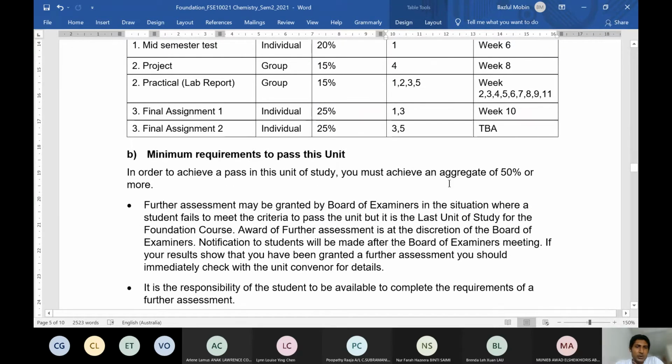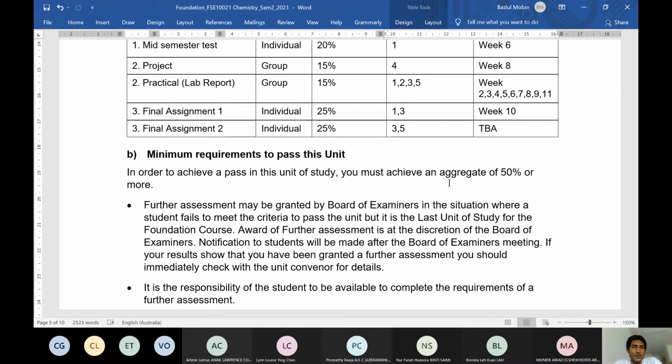The minimum requirement to pass is that you must achieve an aggregate of 50% or more altogether. If you do not have 50% marks altogether in the assessments, you will not be considered a pass. So be careful, keep track of the marks you are getting.